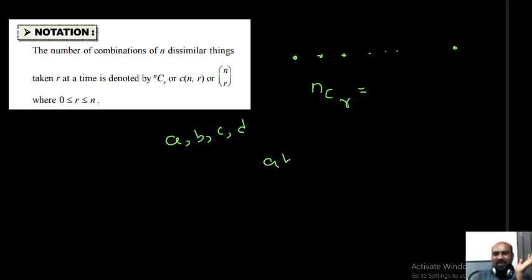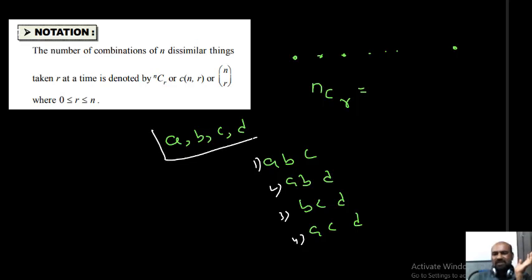Directly I can say one of the answers is ABC, ABD, BCD, ACD. So these are the required selections: 1, 2, 3, 4. 4 selections only, no more selection. 4 different elements are given, from 4 I want to select 3. How many ways can you select? I can say that 4 ways I can select.